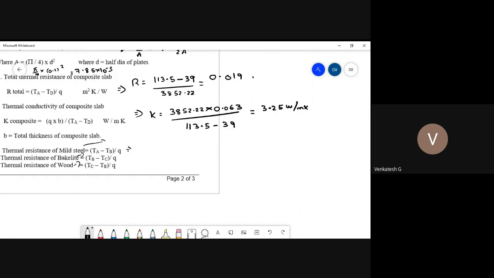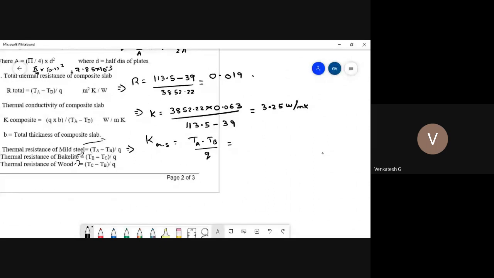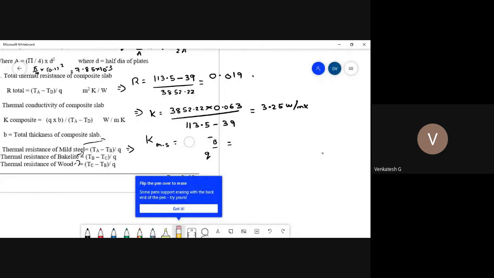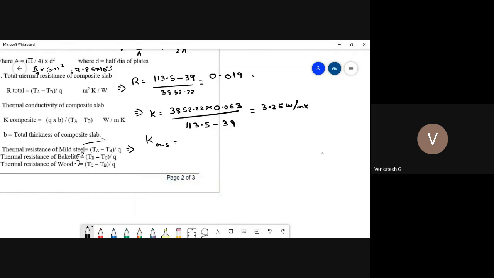Okay. Now I'm going to show you how to calculate the thermal conductivity of mild steel. For MS, we can use the equation TA minus TB by Q. So thermal conductivity is equal to heat flux into the mild steel thickness d1, divided by TA minus TB.